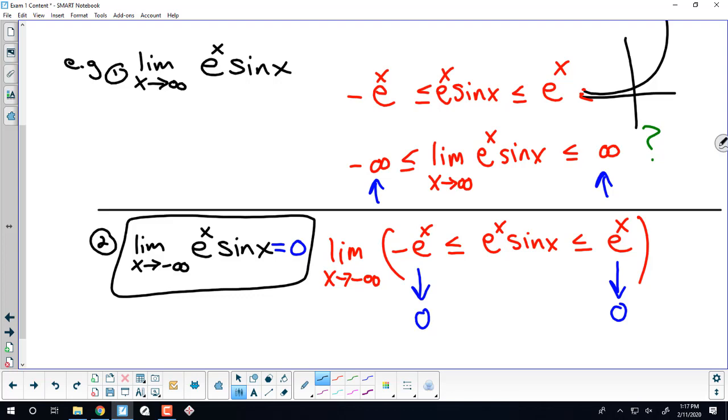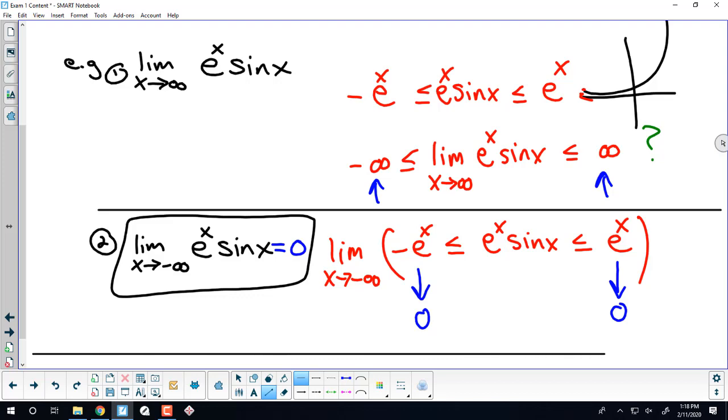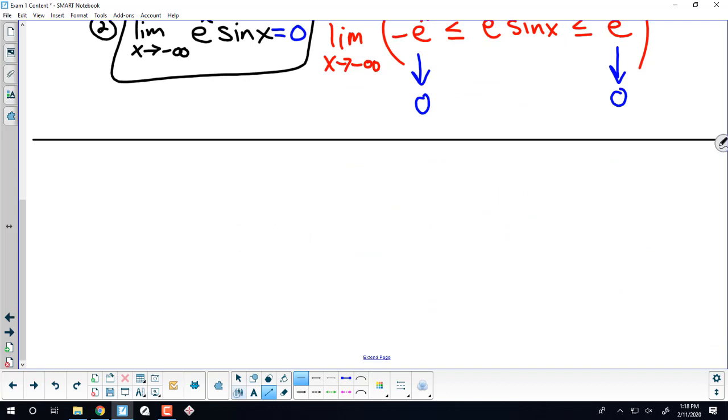Anybody have any questions or comments on that? What about the limit at infinity for the sine of 1 over x?